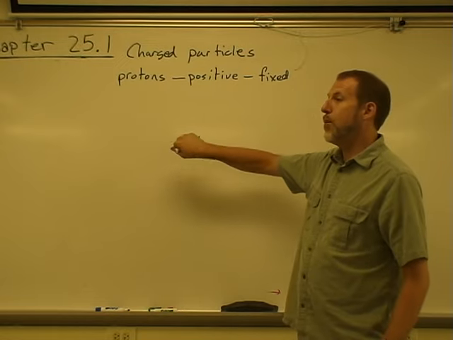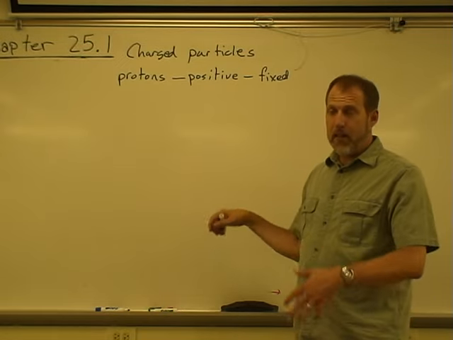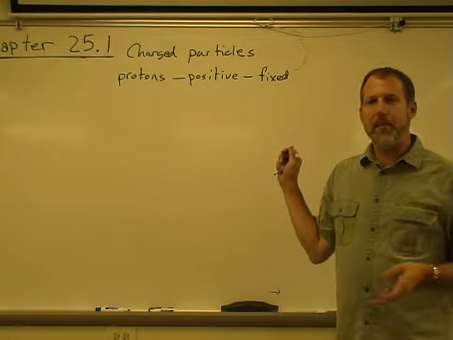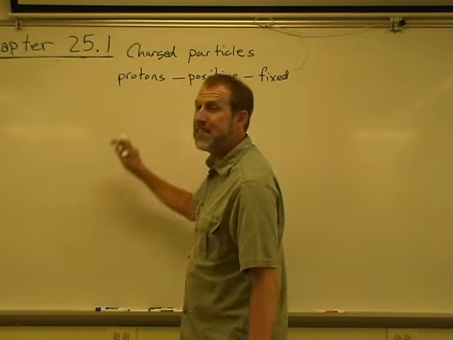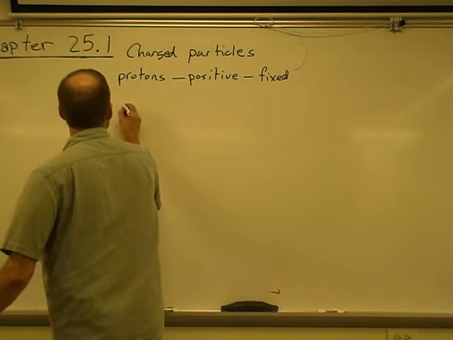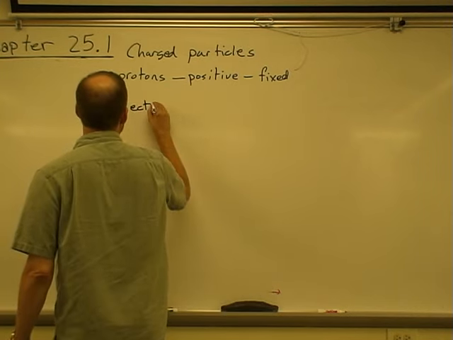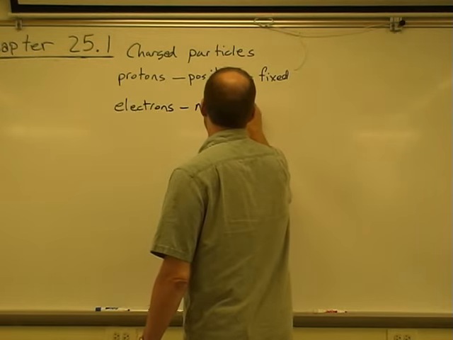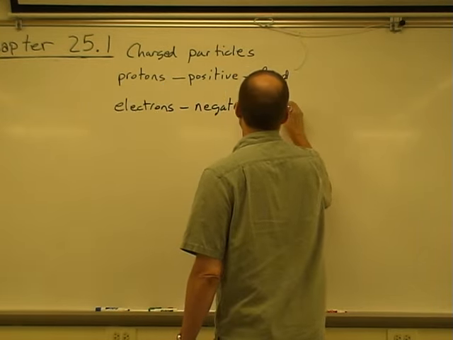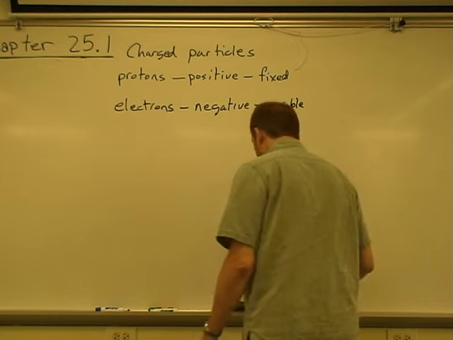If I were to move some protons, I'd basically be moving full atoms out. So we're going to treat the protons as being pretty much fixed inside the nuclei of atoms, but electrons with negative charge are more movable.